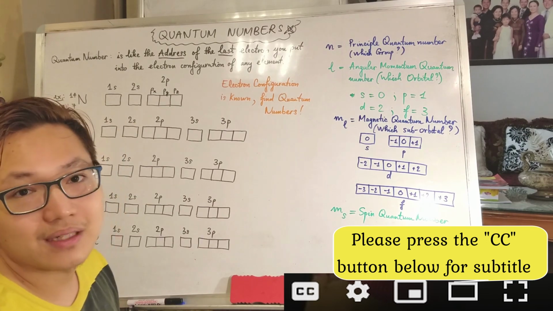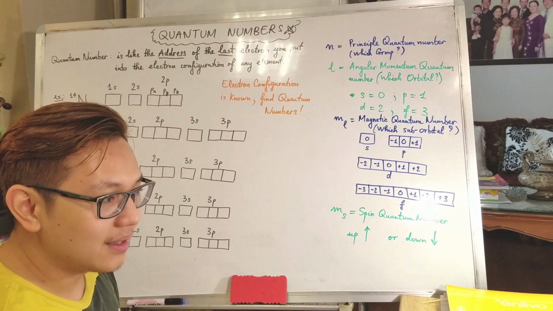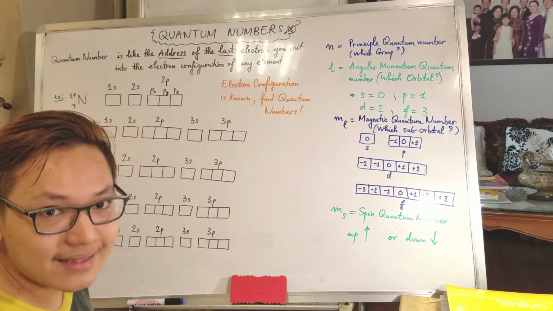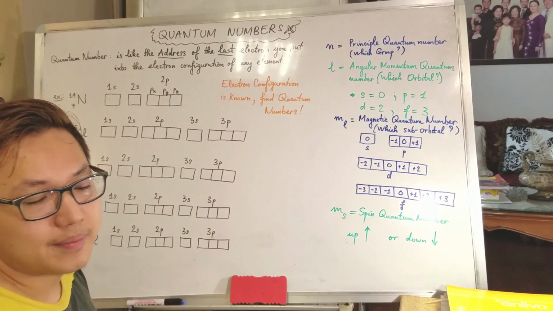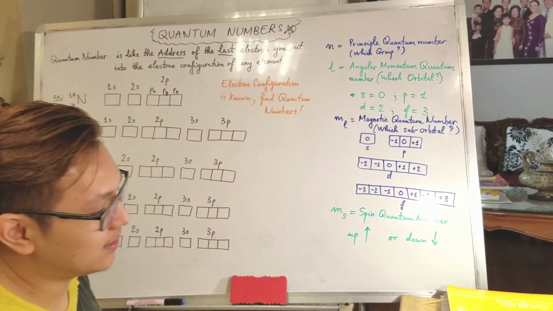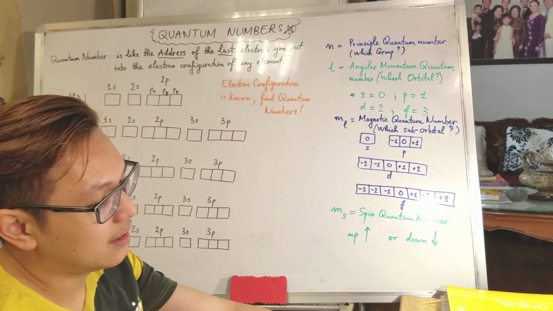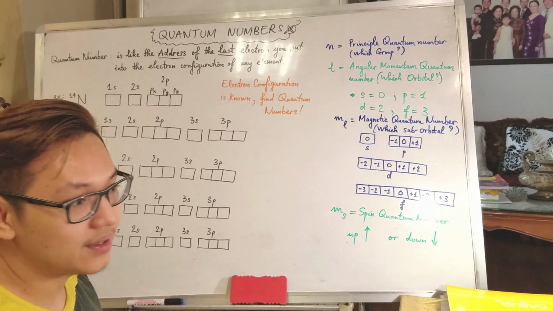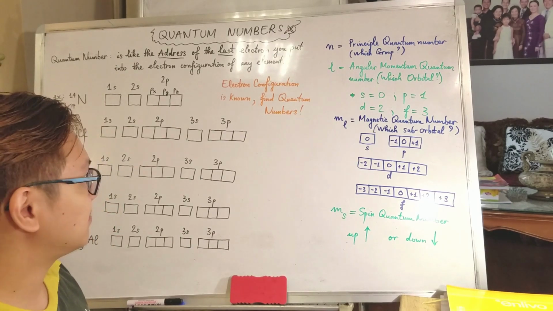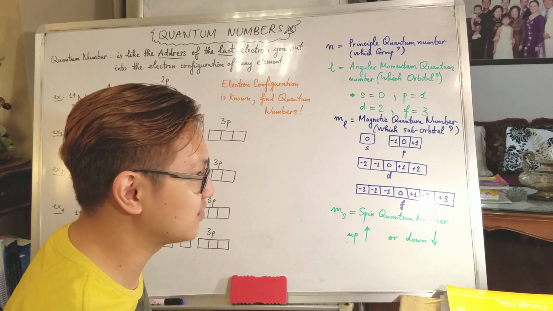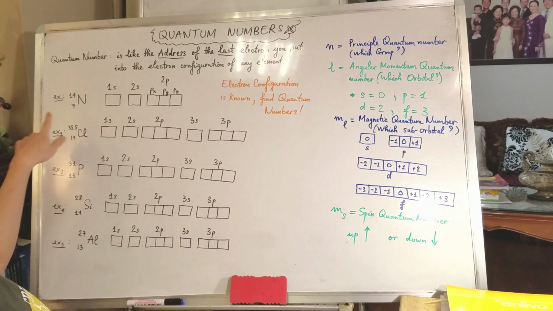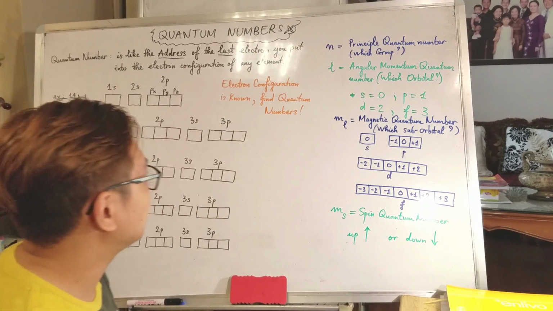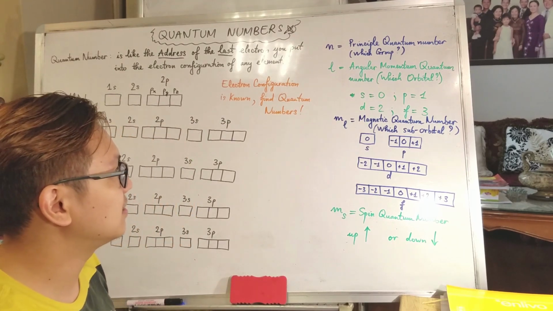So let's talk about quantum numbers now. What are quantum numbers? Basically, when you do the electron configuration, the address of the last electron you put in there is going to be the quantum number. Before we go on, I think it's better to tell you what quantum numbers there are.